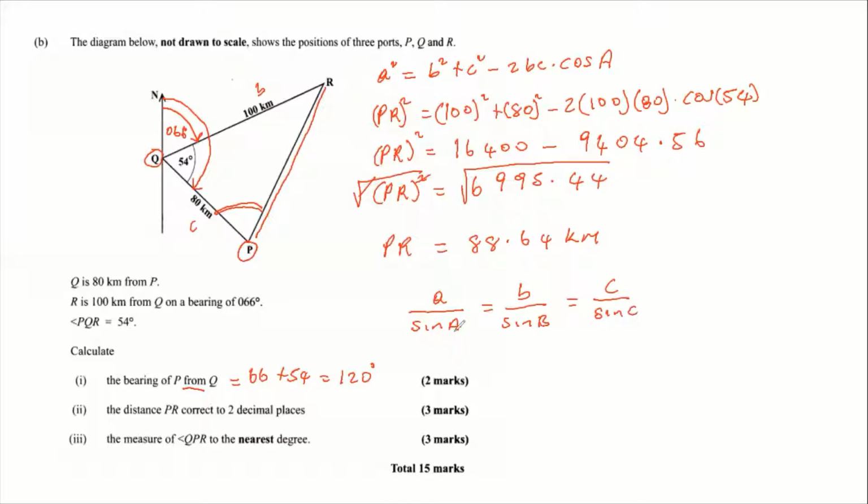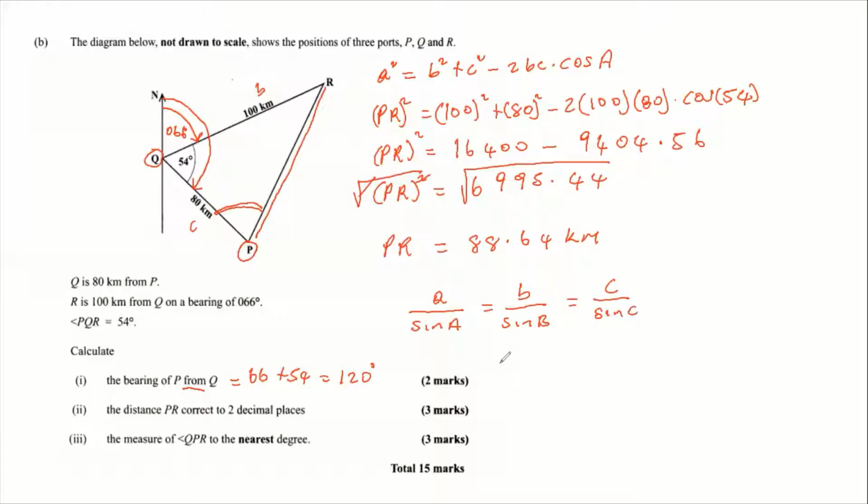So how does this formula work? We must know the side opposite to the angle. So we want to find this angle at P, right? That's what we want to find. So if we want to find this angle at P, then we know the side that is opposite to it, which is 100.